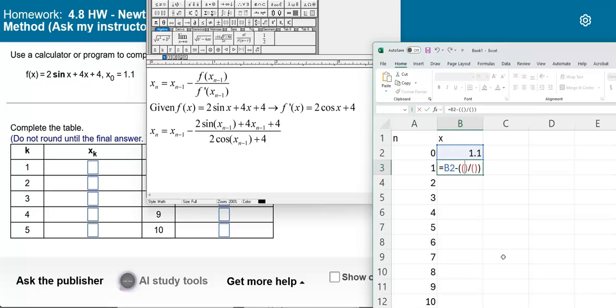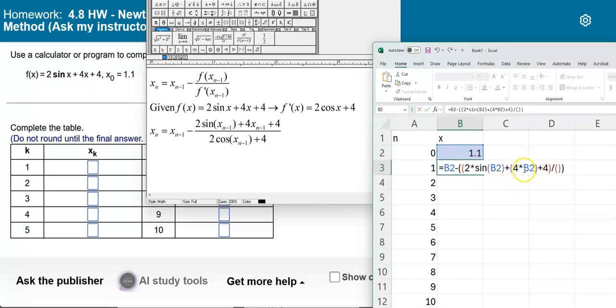On the top, I have 2 multiplied by sine, the function sine takes the input of my previous x value, which is 1.1, and then I close that, plus 4 multiplied by the previous value, close that, and then plus 4.